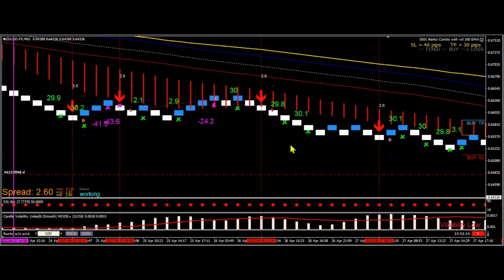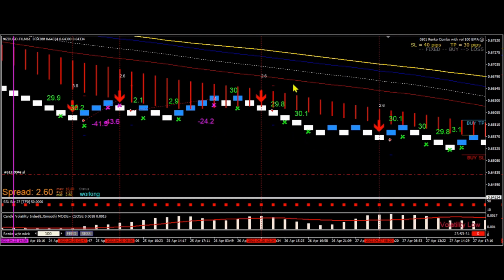These are just markings from the indicator, the EA that I have created. It will automatically mark down the spread level. It'll show me where the signal occurred, and then it will show me in green if it was a profitable trade, or in the lavender here, as you can see, if it was a negative trade.